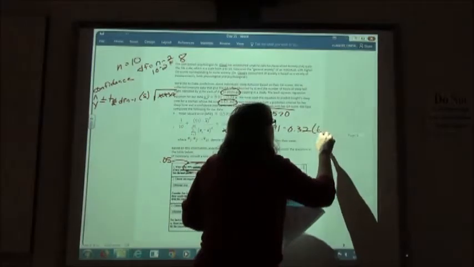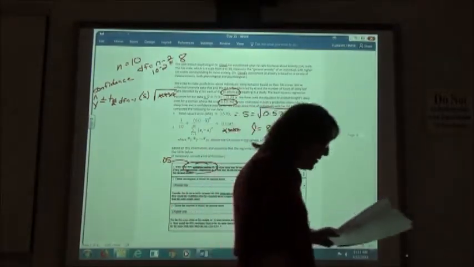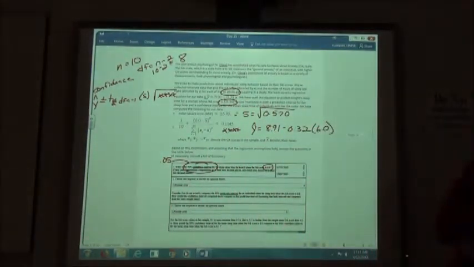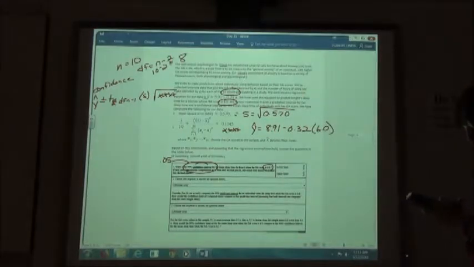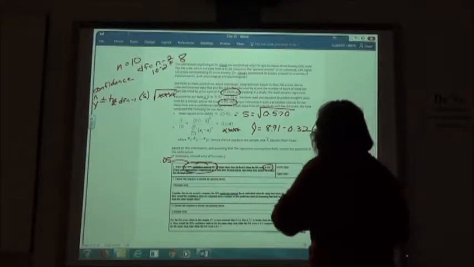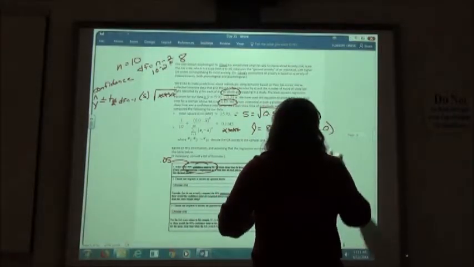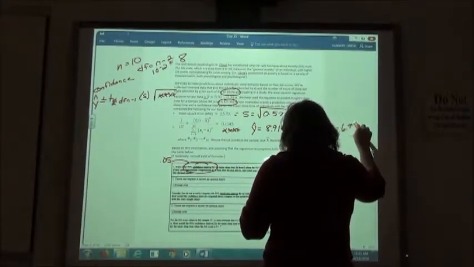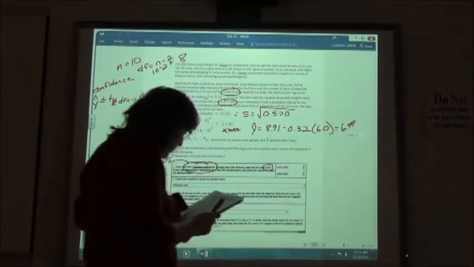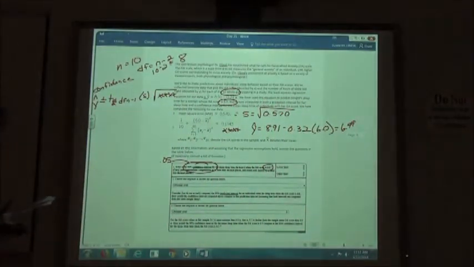So I want to put 6.0 in there, and then again I have to grab my calculator in order to do my calculation. So 8.91 minus 0.32 times 6 gives us 6.99. So now I'm going to substitute that into my formula.